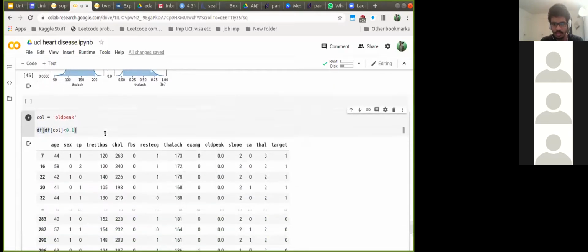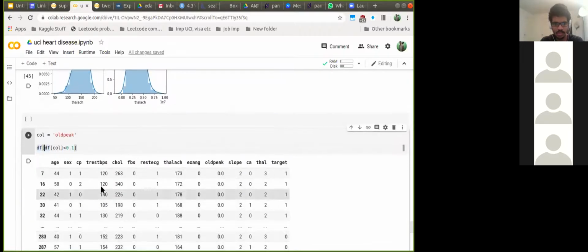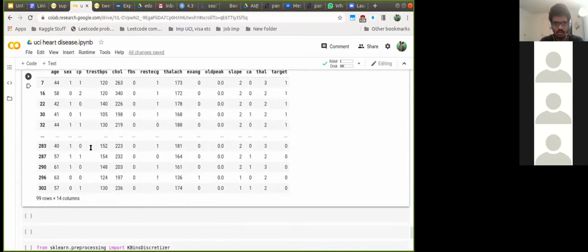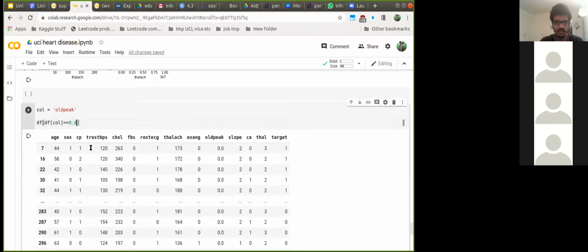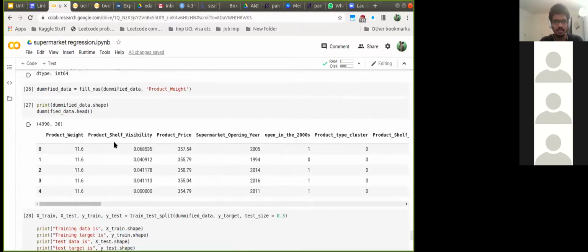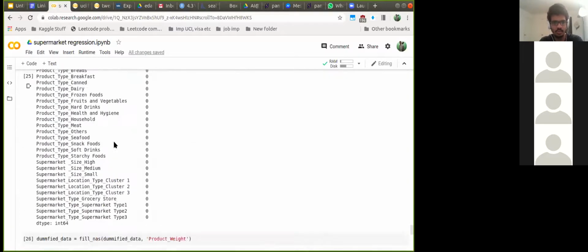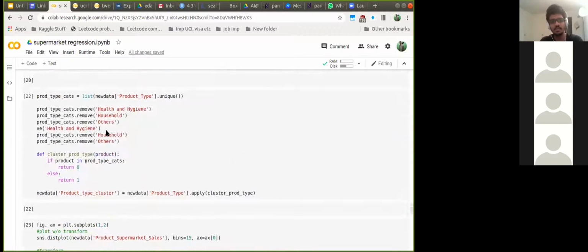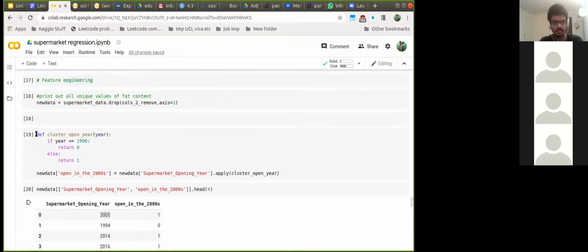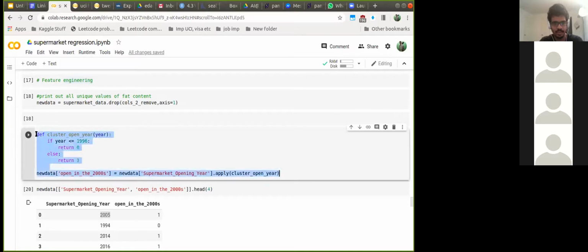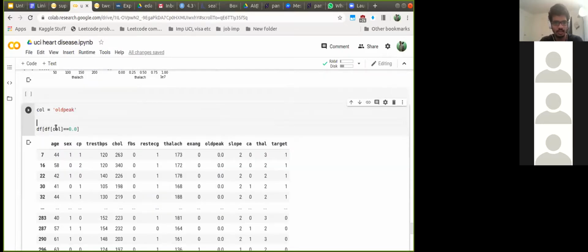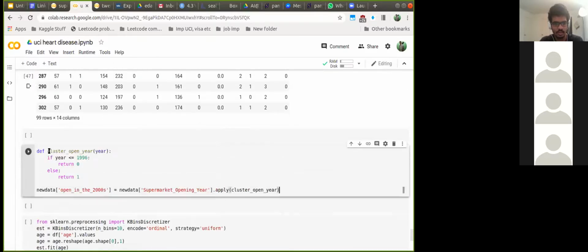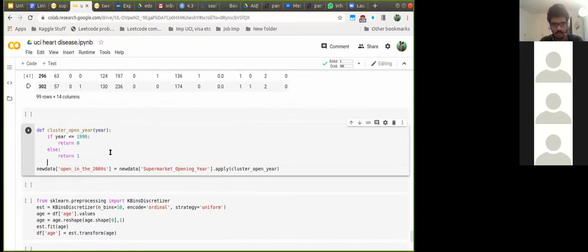Yeah, so here we can see that the values are mostly zero. So we could even have this equal to zero, and we could have another feature that says, like we basically did in the previous notebook, we could engineer another feature.